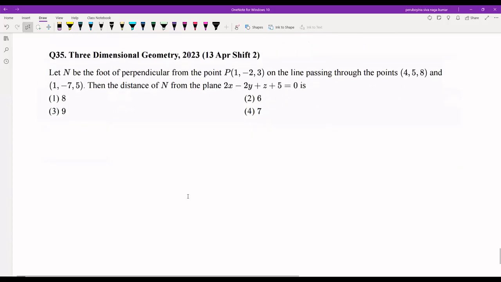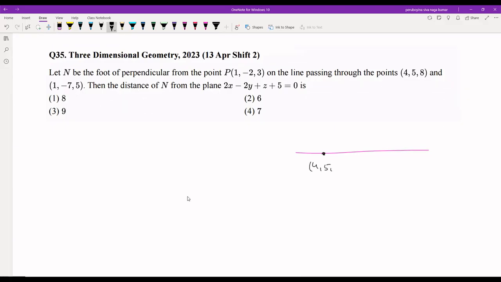Next 35. Let N be the foot of perpendicular from the point P 1 minus 2, 3 on the line passing through the points 4, 5, 8 and 1 minus 7, 5. So there is a line and it passes through two different points.